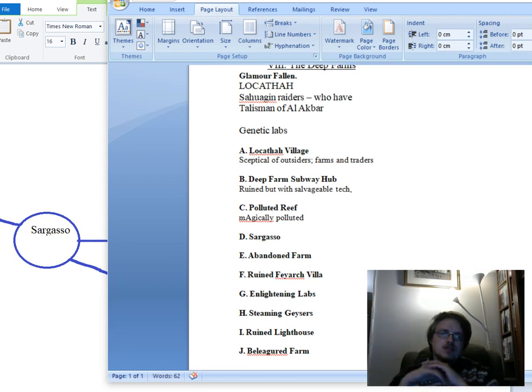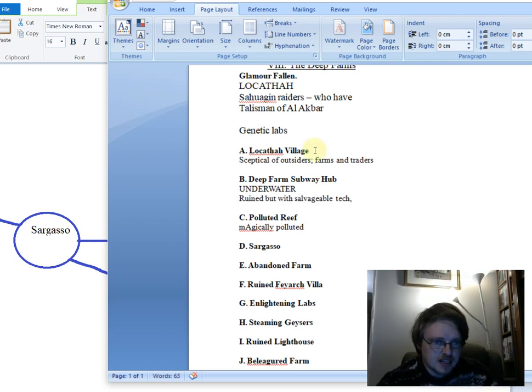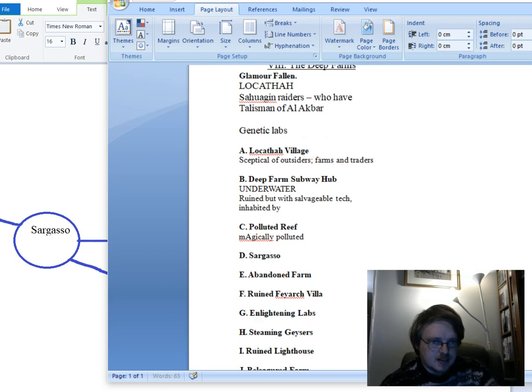And probably you want to have that as a small outdoor wilderness area, albeit underwater. In fact, let's mark that as underwater because it matters for the design purposes later. Ruined but with salvageable tech, inhabited by a dangerous monster. So there's really valuable stuff down there.